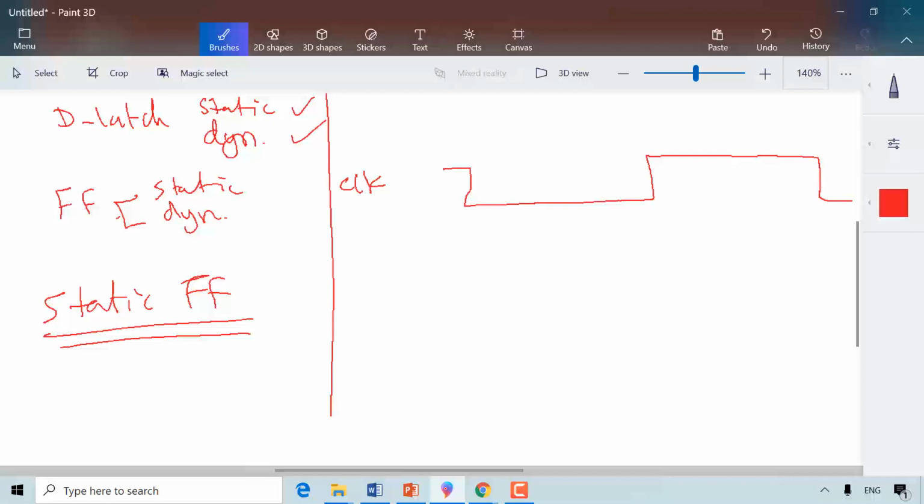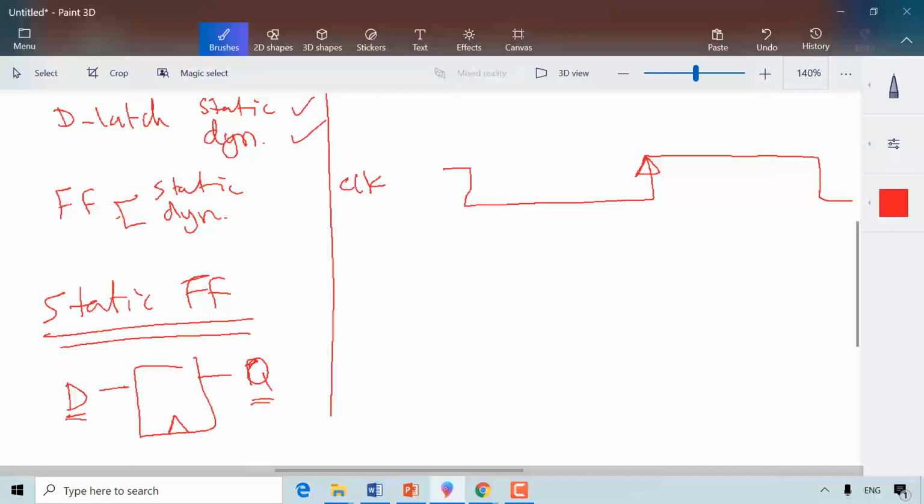What we said is that for a positive edge clock, this is the edge where we copy the D data to the Q. For example, this is my flip-flop, this is my D, and this is my Q. At this edge, I copy the D to the Q. That's why we say it's edge sensitive.